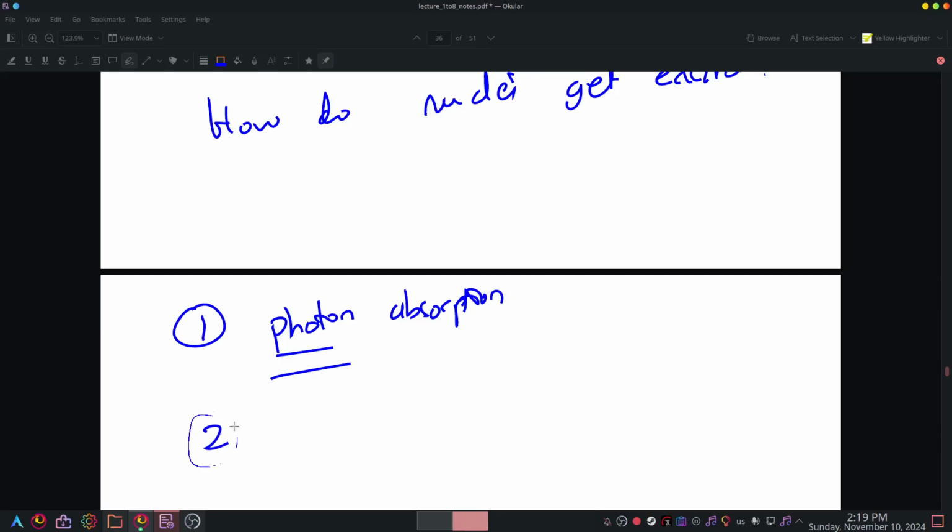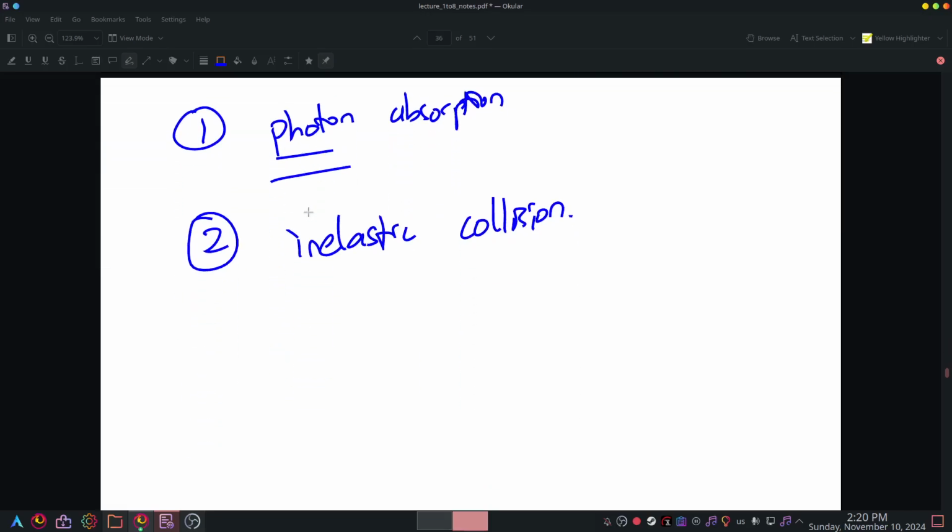Next, collision. If I want to be more precise, inelastic collision. So what's an inelastic collision like?